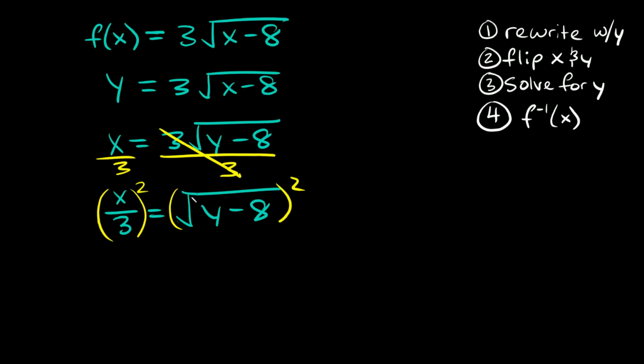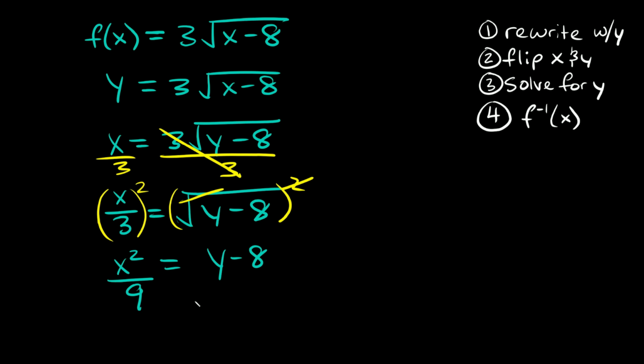On this side, the square root and the squared exponent cancel out, so we're just left with y minus 8. And on this side, we have x over 3 squared. In order to apply an exponent to a fraction, you have to apply it to the top and the bottom. So on top we have x squared, and on the bottom we have 3 squared, and 3 squared is equal to 9.